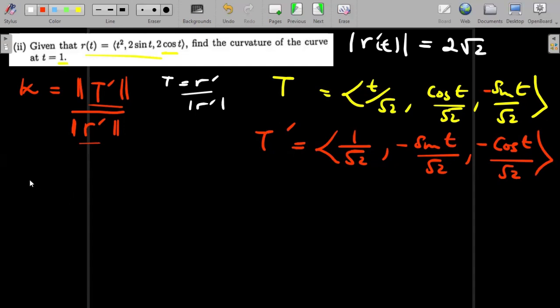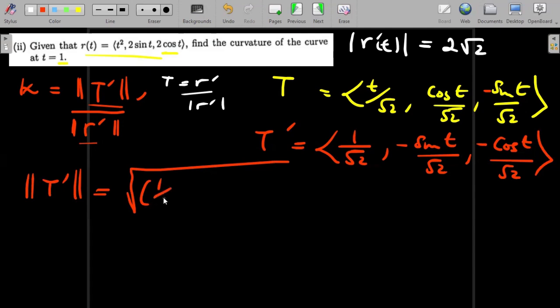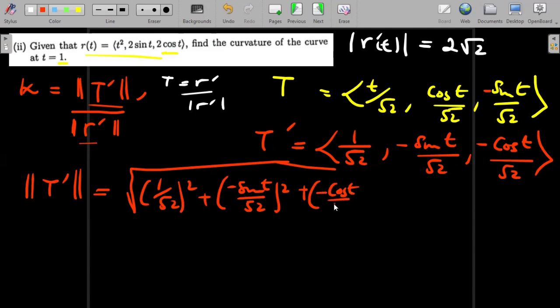So from T prime, I can get the modulus of T prime, which is just the magnitude of that. So that will be the root, then I square each term: 1 over root 2 squared, plus negative sine T over root 2 squared, plus negative cos T over root 2 squared.